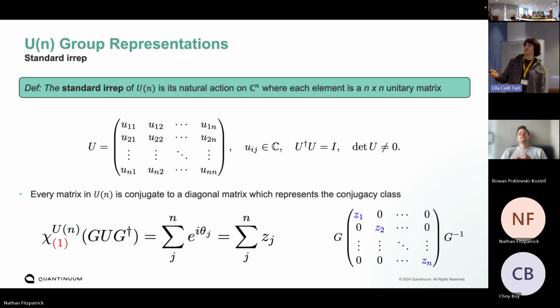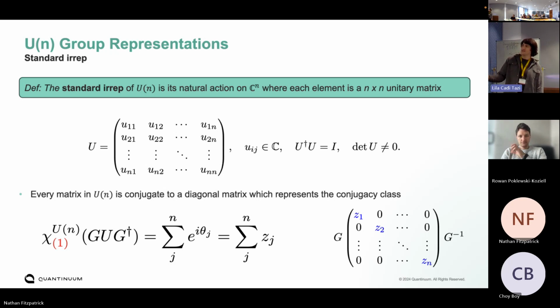These are parameterized on this theta because this is a complex number, but we just represent these as z. This is quite abstract, but this is the standard irrep, which is the action of U on its natural vector space, the n-dimensional vector space. This basically gives us a set of parameters which we use to build the larger irreps of U(n). Keep this in mind.